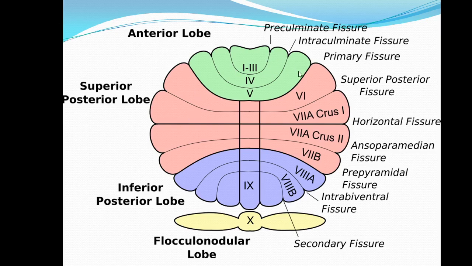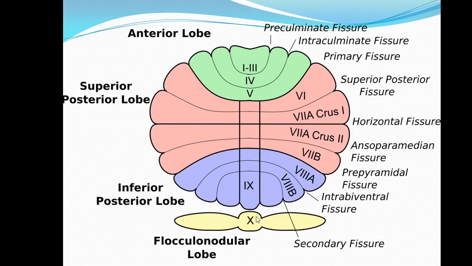In this diagram, the superior and the inferior surfaces are shown in the same plane. The two lobes, the right and the left lobe, connected by the vermis. Here it is the primary fissure, the fissura prima, separating the anterior lobe from the middle or the posterior lobe.